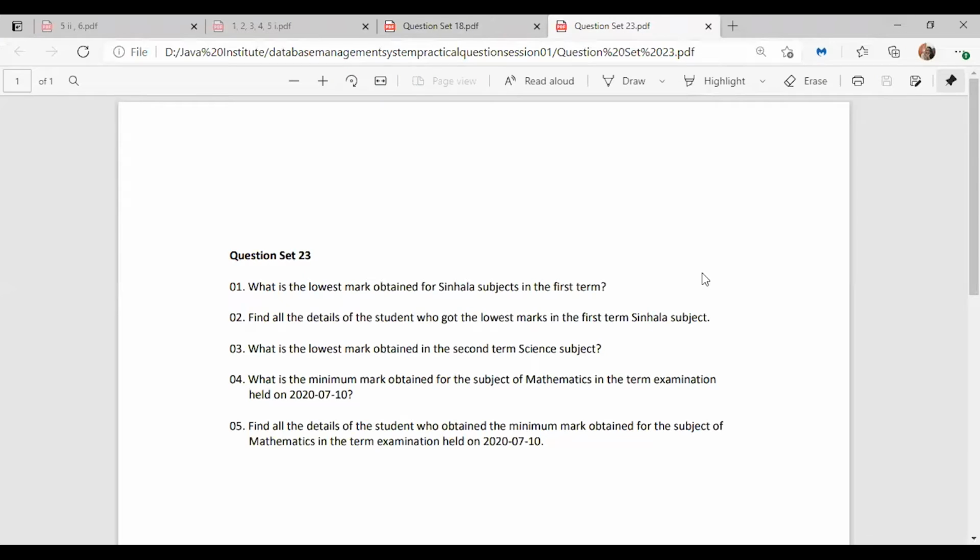So the second question is, find all the details of the student who got the lowest mark in the first term single subject. So we just need to find the details of the student who got the lowest mark, and let's write the query.